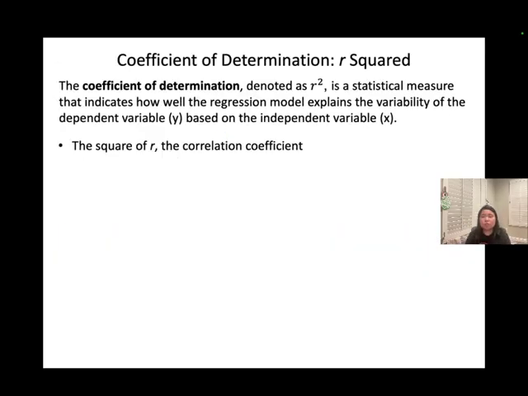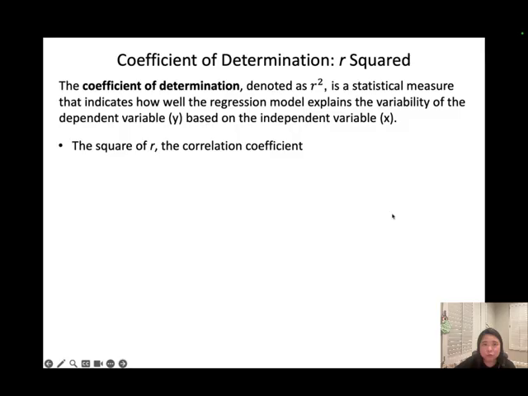Okay, coefficient of determination. We call that R square. The coefficient of determination, denoted as R square, is a statistical measure that indicates how well the regression model explains the variability of the dependent variable based on the independent variable x. So how can you find it? We just need to find R and then take the square.